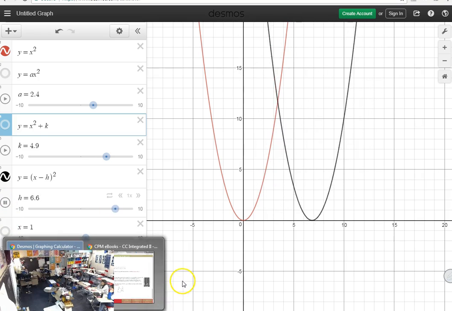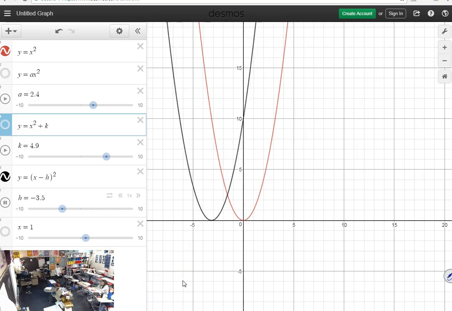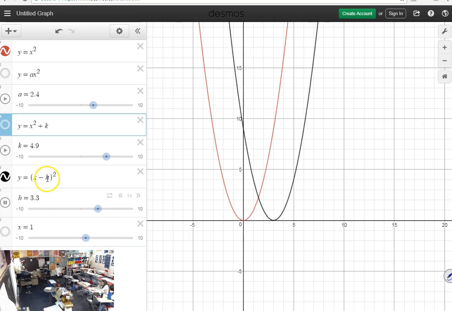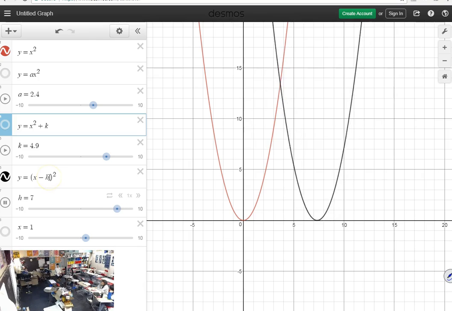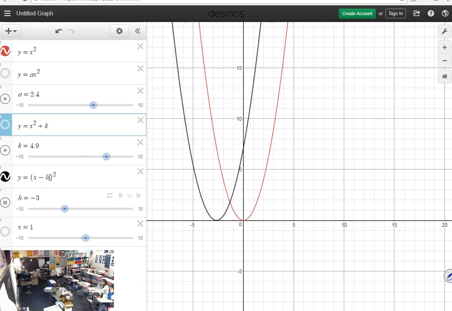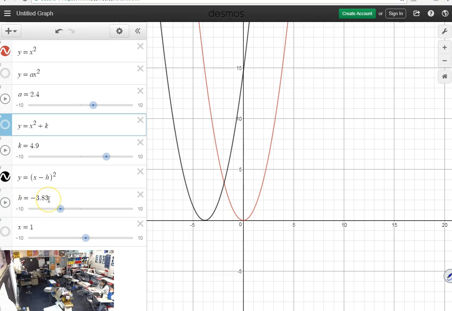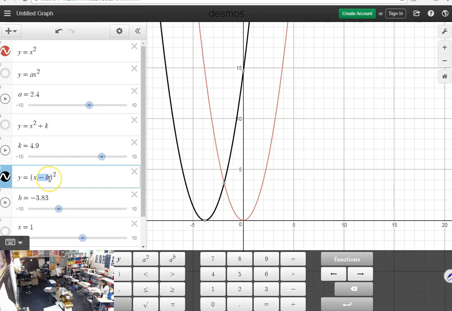Positive, negative, but that's when we have x minus h. Because the h value is going to do the opposite of what you think it is. So the reason we use minus h is if h is negative, then it's going to shift us left. If you talk about plus h, it does the opposite of what you think it does.